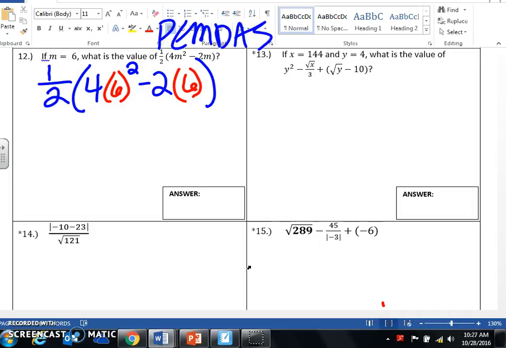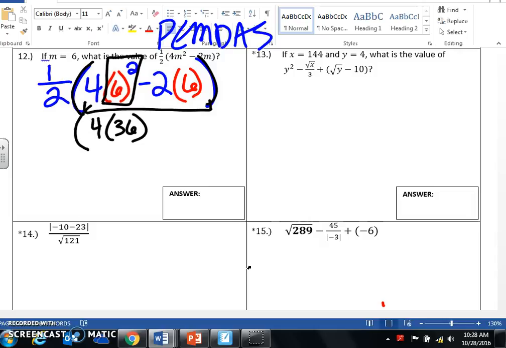Here's my parentheses. Within the parentheses, I've got multiply, exponents, subtraction. The first thing I need to do is the square. So 6 squared is 36. Drop everything else down.